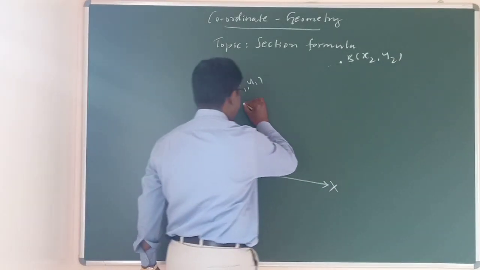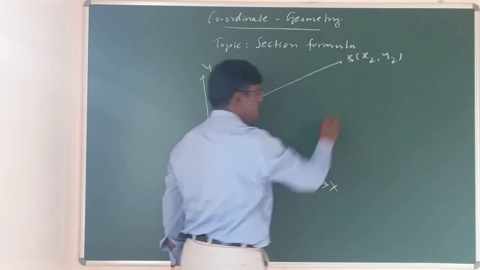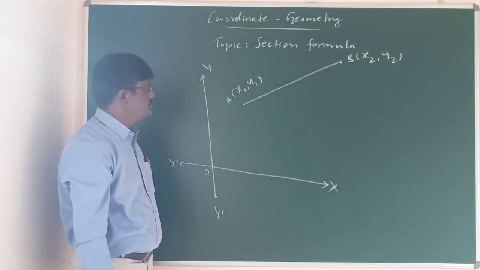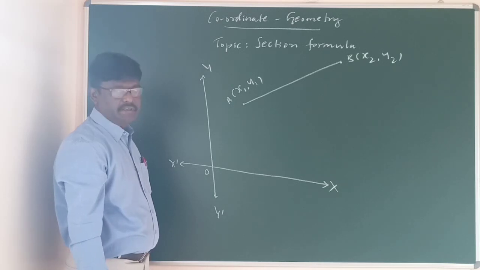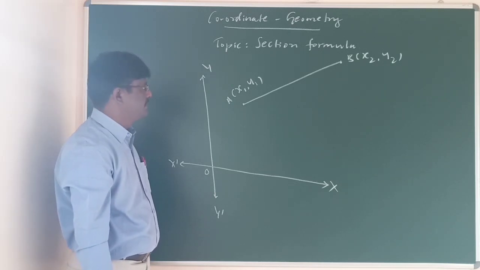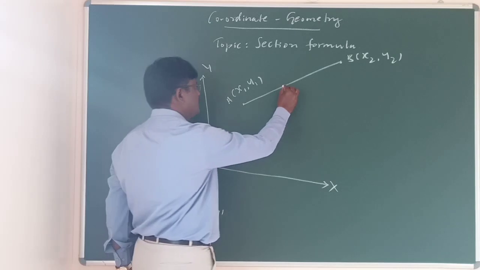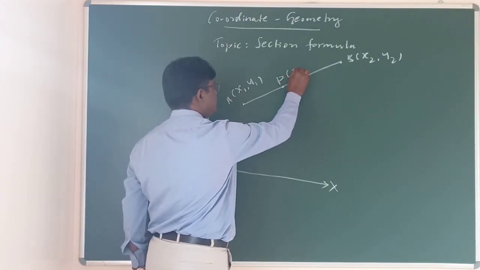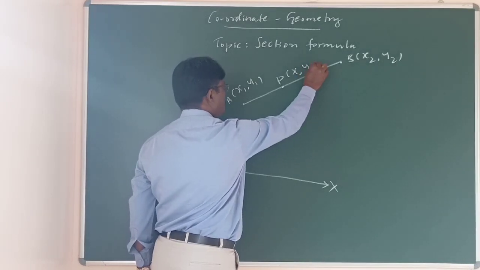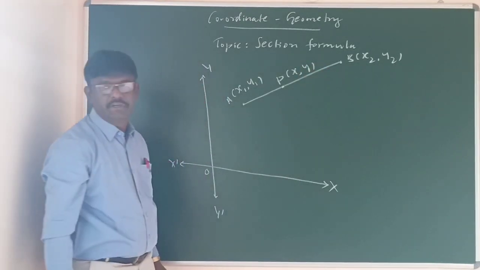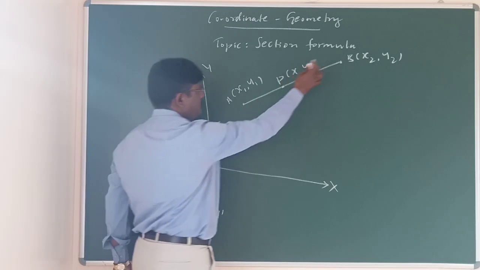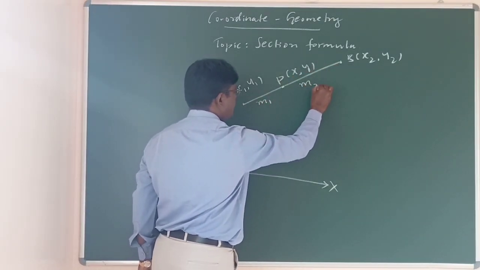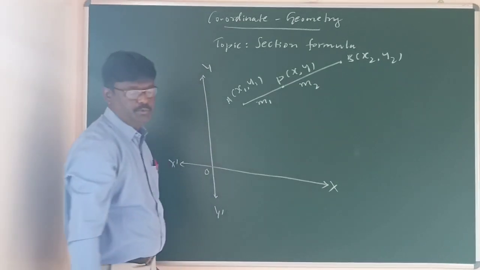Now join A and B. AB is a line segment obtained by joining these two points in a Cartesian plane. Now let us assume another point P whose coordinates are (x, y) divides the line segment AB in the ratio m1 is to m2.